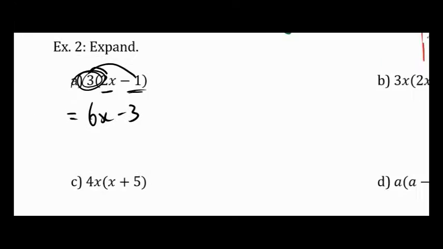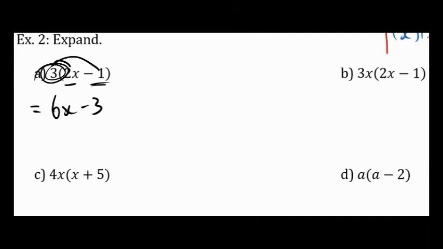Okay, try the next one. What's different about this question? How did it just change, Tariq? Take a look at question A and take a look at question B. 3 has an X, so how is that going to change your answer?